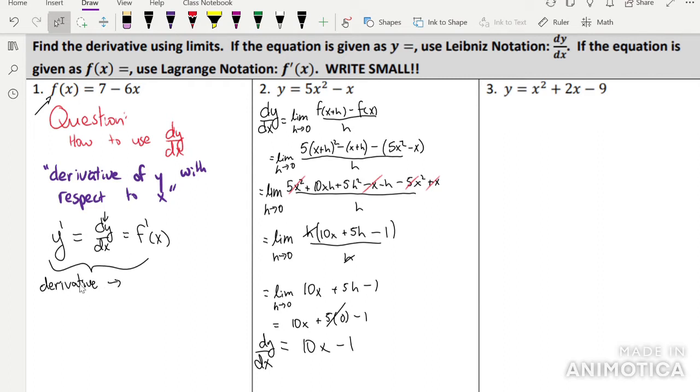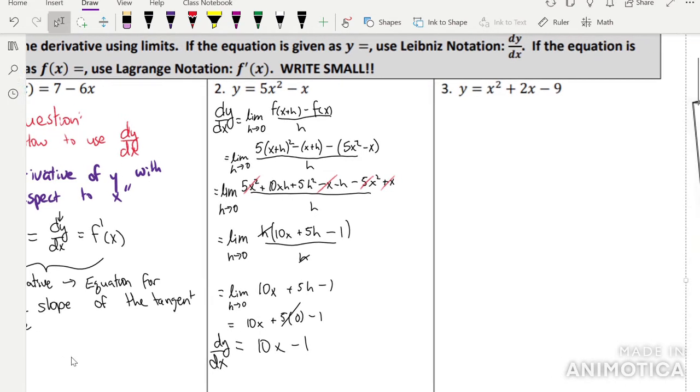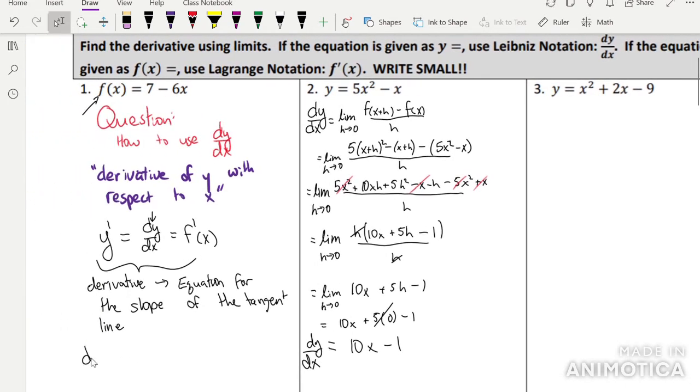which is how we can find the equation for the slope of the tangent line. So the important thing to note is that in this case, while we are using limits, dy dx is equal to the limit as h approaches 0 of f of x plus h minus f of x over h.